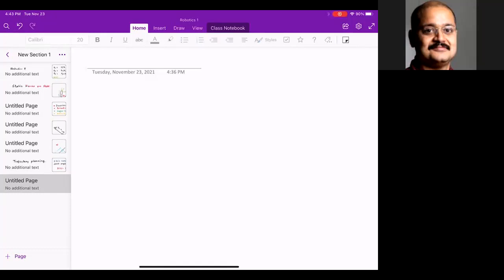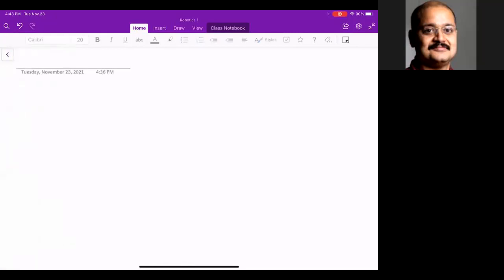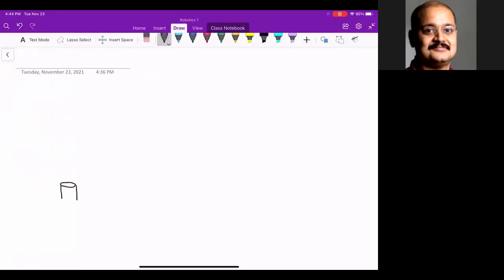Now, what I'm going to do is I'm going to draw the robot, and you can correct me if I'm wrong. So the way the robot is, we have a revolute joint. Then we have a prismatic joint.